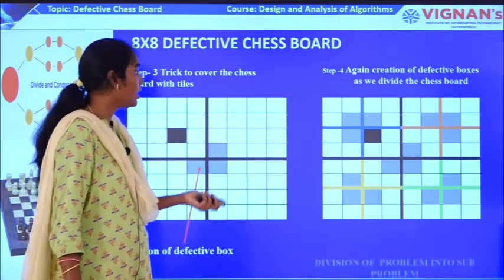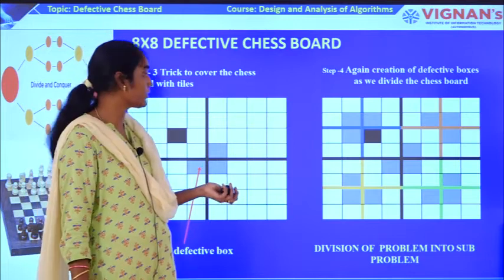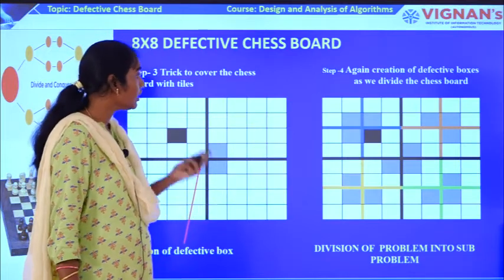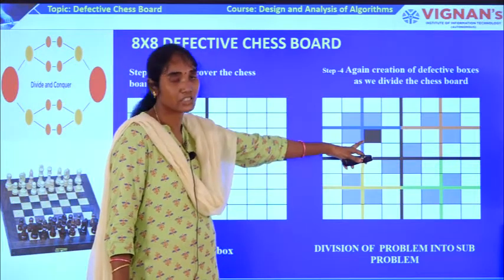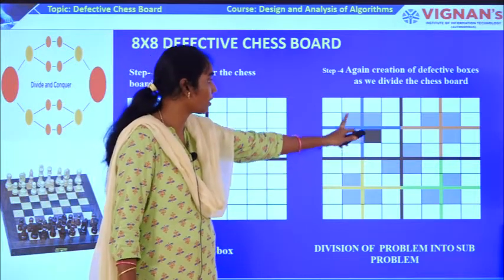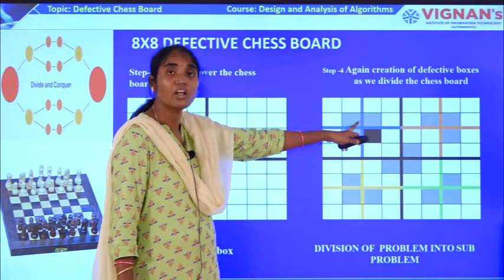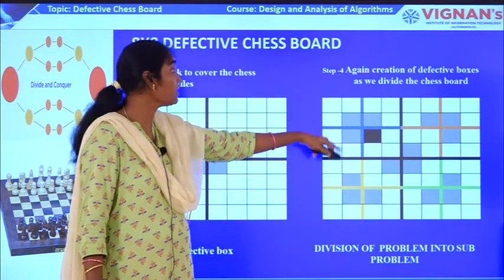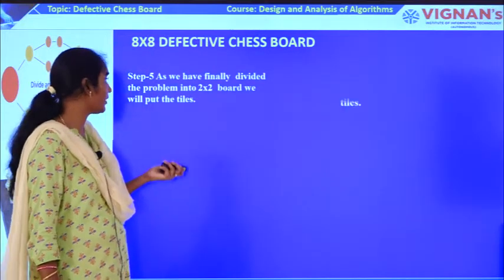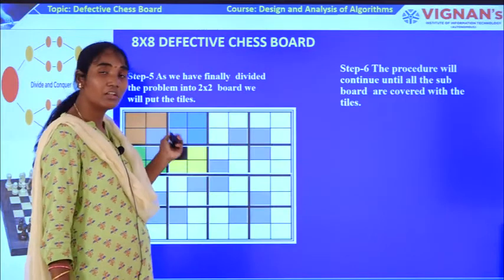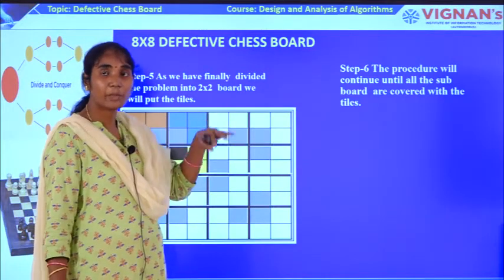Then I have to cover all the triminoes which are edges to the defective square. Whatever I am showing you in a grey color, those are all the triminoes in the sub-problems.